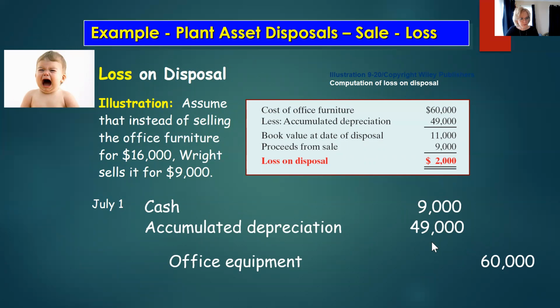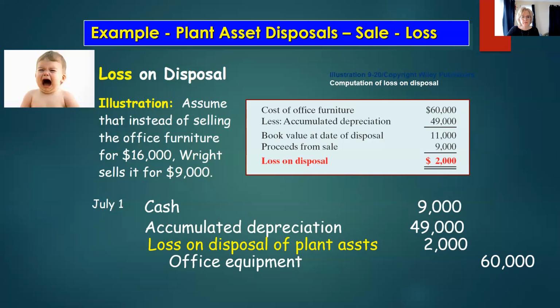So we have to put 2 as a debit here, and that's going to be a loss on sale. You guys with me? Yes, thanks, Julie. You don't really need to do this calculation up here. It's just sort of a double check. You can do it all in the journal entry.